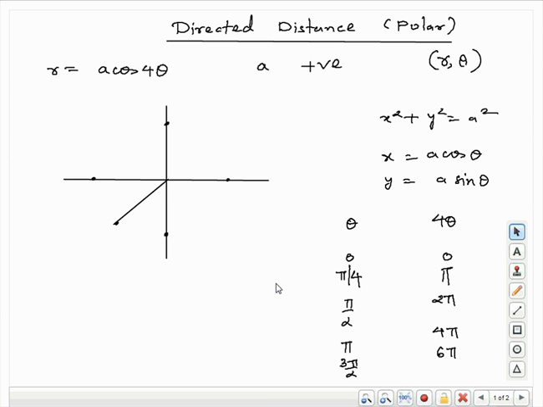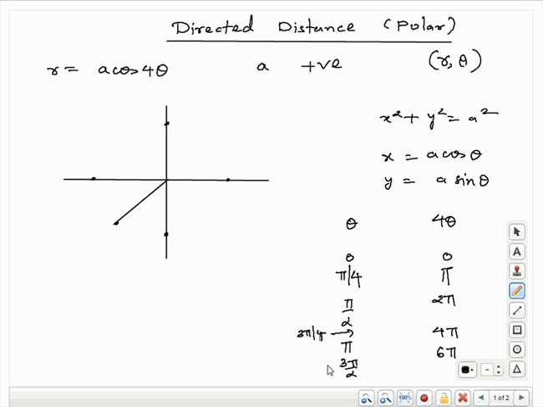Pi by 4, then how about 3 pi by 4 here? 3 pi by 4 means 4 theta is 3 pi. Again minus 1.